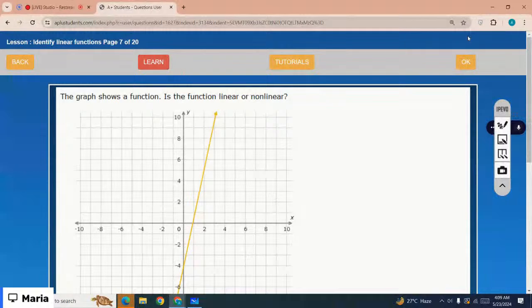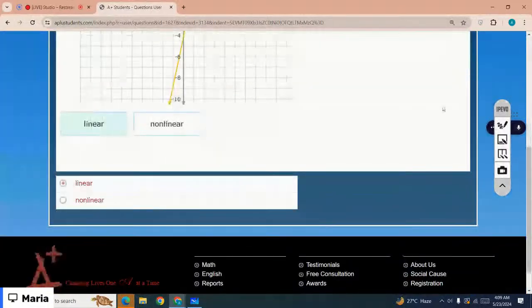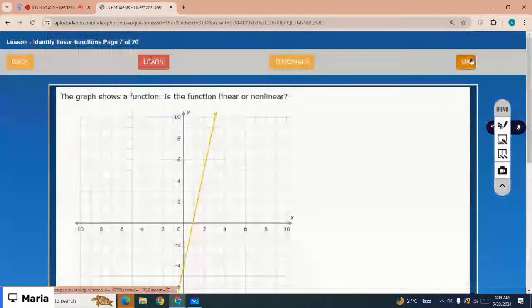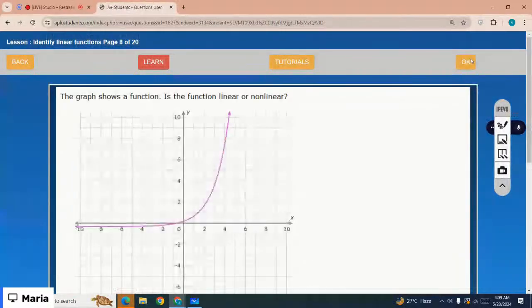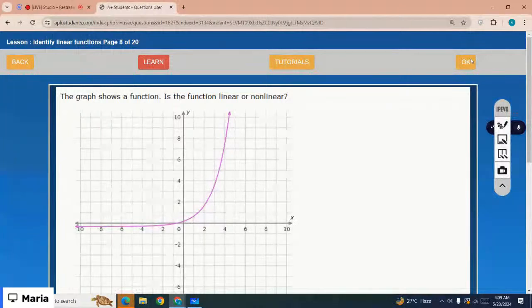The graph shows a function. Is the function linear or non-linear? Yes, linear function it is because the graph is a straight line. The graph shows a function.